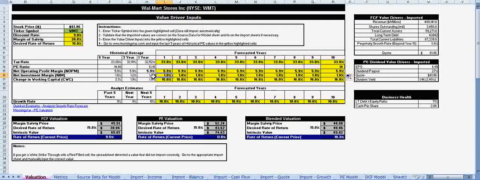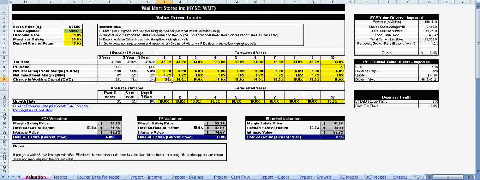It seems like it's trending down, but why don't we put it at 1.6? That's somewhere in the middle. The higher the number, the more conservative you are. So if you're pessimistic about the future or you want a very conservative valuation, you want that to be on the higher end.